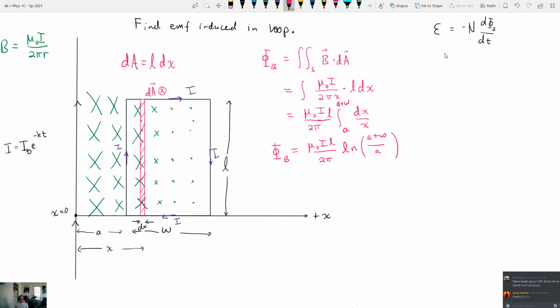So now we just need to plug it into our EMF equation over here. So if we do that, we're going to get EMF is going to be equal to -1 times d/dt of all of this junk right here. So it's d/dt of shouldn't have written it at such an angle.